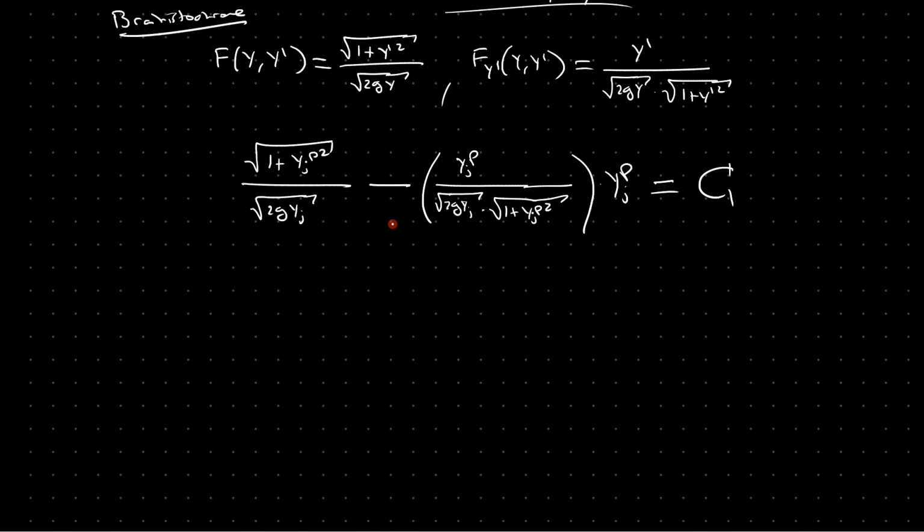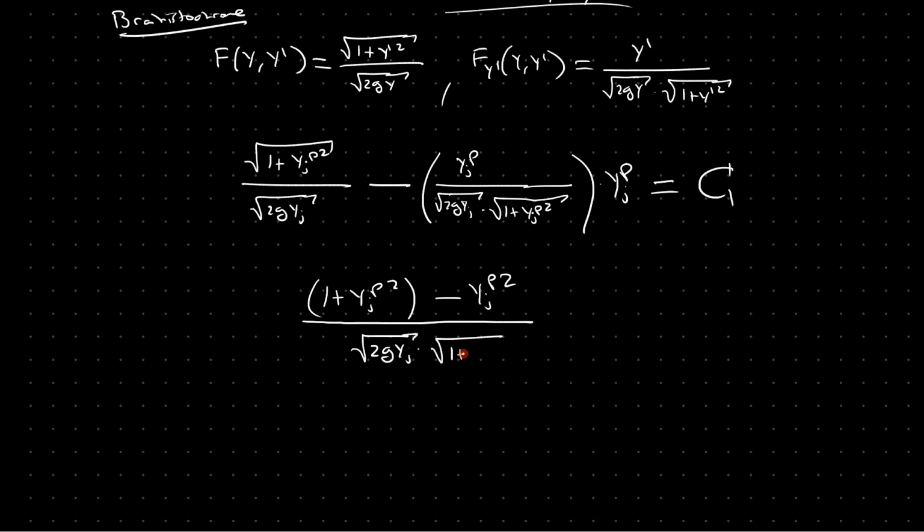We can simplify this a little bit by bringing these two terms to a common denominator. When we do that, the first term is going to be 1 plus yjp squared minus the numerator in this term, which will be yjp times yjp, which is yjp squared. And when we bring it to a common denominator, we have the square root of 2gyj times the square root of 1 plus yjp squared.